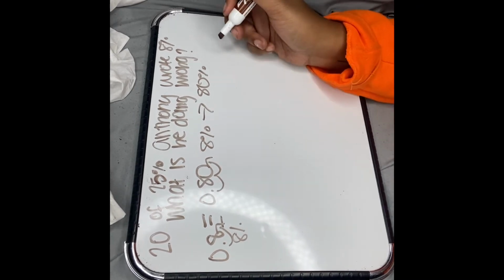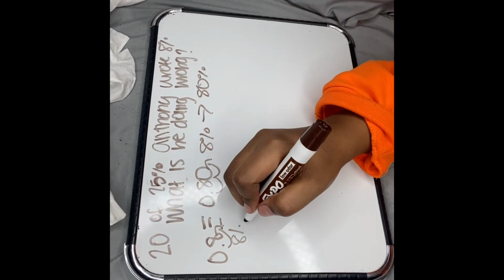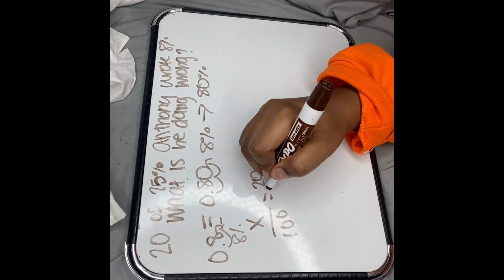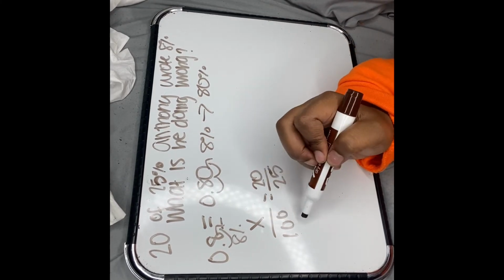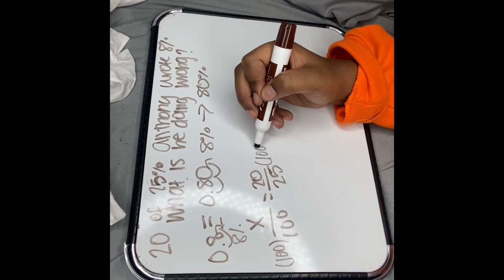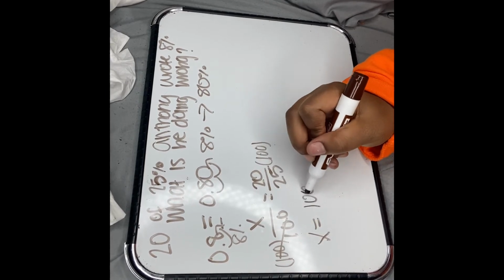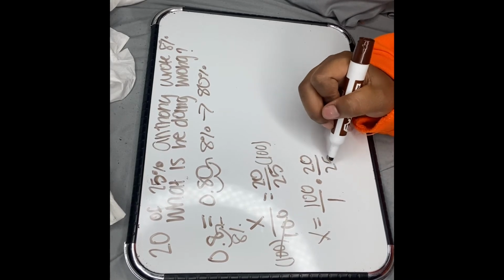But another way to find that out, instead of dividing on the calculator so you don't get confused, is simply writing it out. X over 100 is equal to 20 over 25. We need to get x by itself, so we'll multiply 100 by both sides. And then we'll have x is equal to 100 over 1 times 20 over 25.